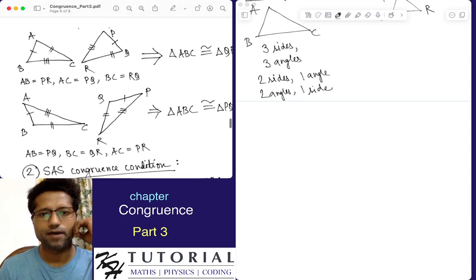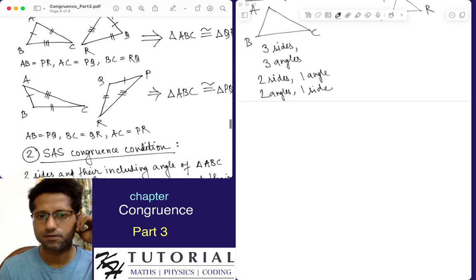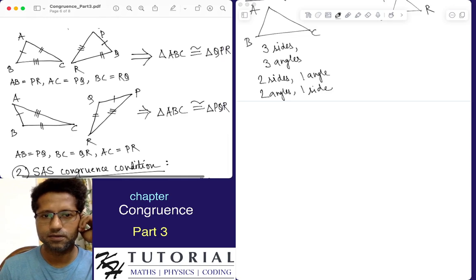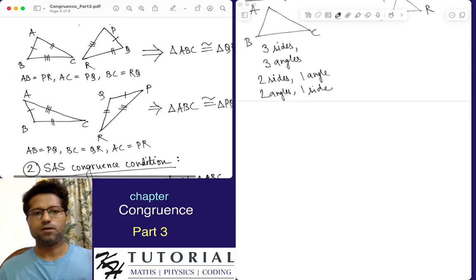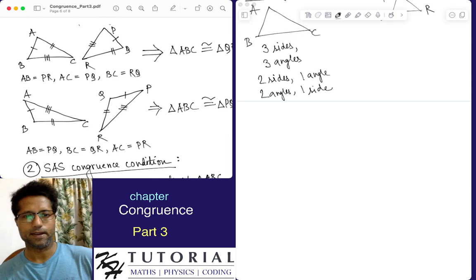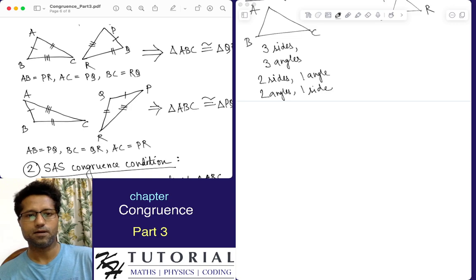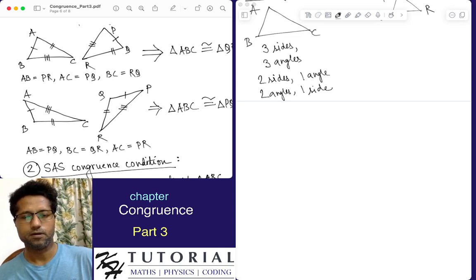Okay, so I have given two examples where we know that the 3 sides of triangle ABC are equal to some corresponding sides of triangle PQR, and based on that correspondence we can establish, or we can say about the congruency of the two triangles and the congruency relation.